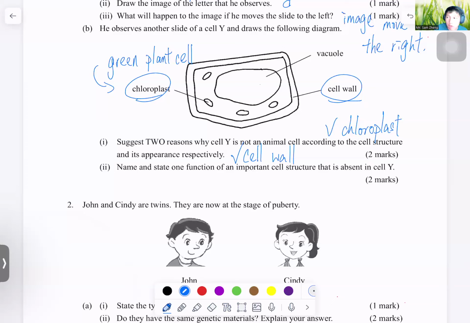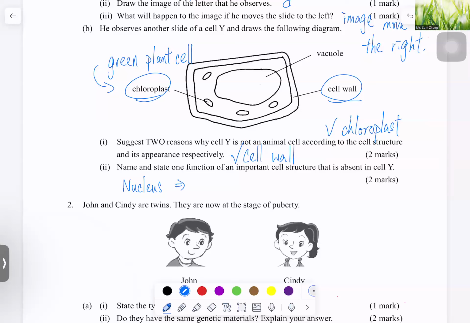From the picture, there is no nucleus in the middle or in the side part of the cell. But as we cannot see the nucleus, it doesn't mean that it does not have the nucleus. It still has the nucleus, we just did not observe it.